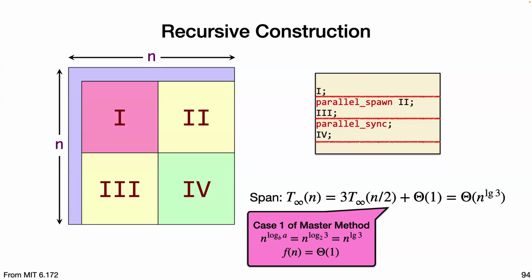Those parallel phases are proceeding in serial, so you need to add them up. But within them, you take the max over whatever problems are happening within the phases. Each of those is contributing this T infinity n over 2, and there are 3 of them. So that's why this is 3 times this thing.